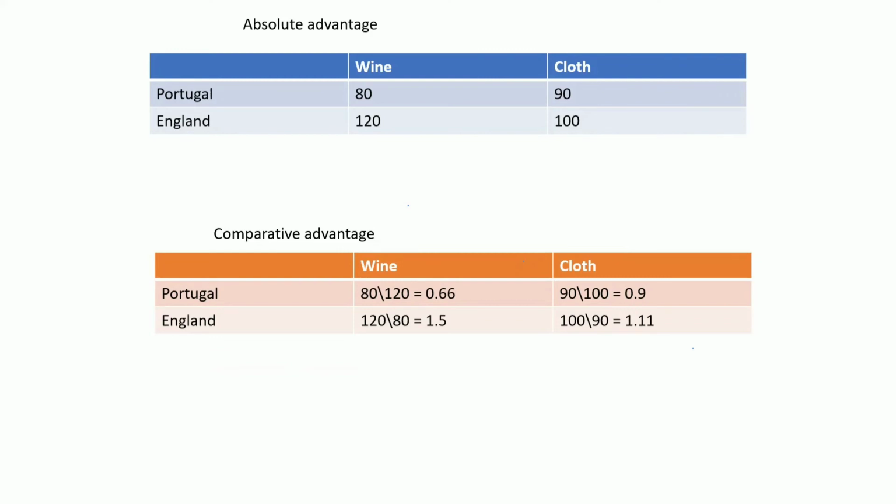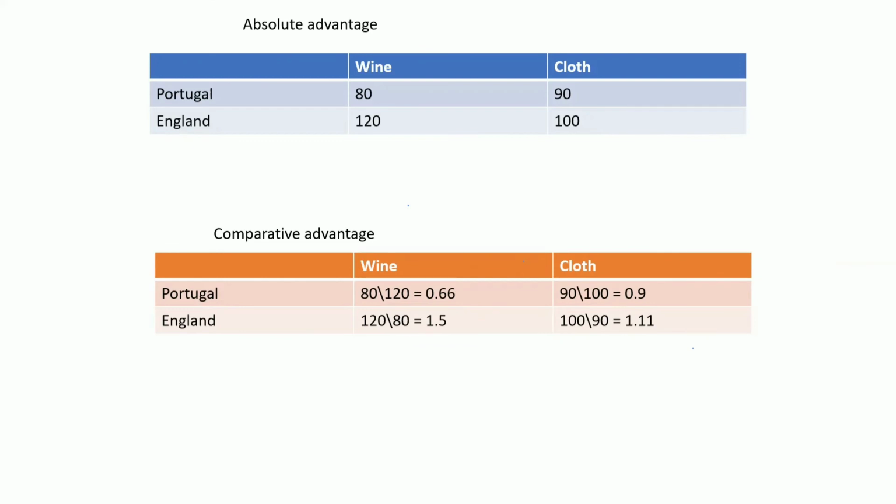So Portugal should specialize in wine and export it for cloth in exchange. Similarly, while England has absolute cost disadvantage in both goods, its comparative cost disadvantage is less in cloth, as 1.11 is less than 1.5. So England should specialize in cloth and export it for wine in exchange.